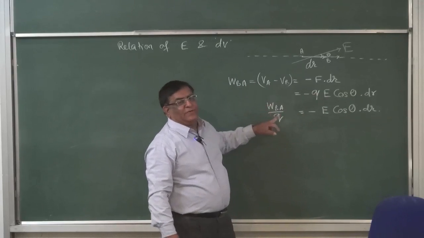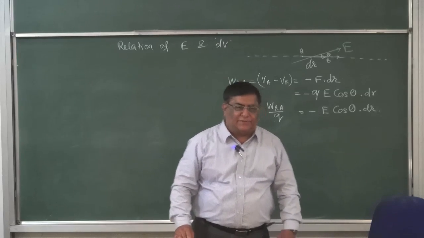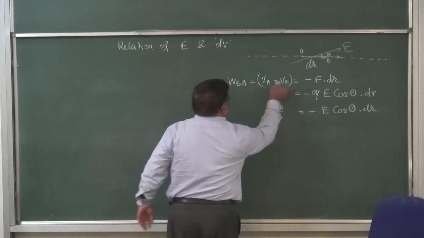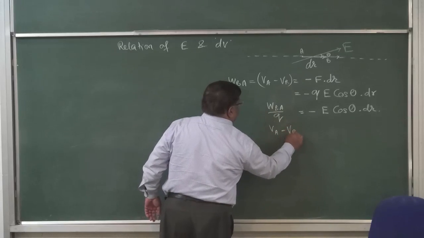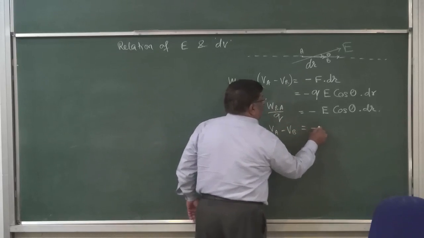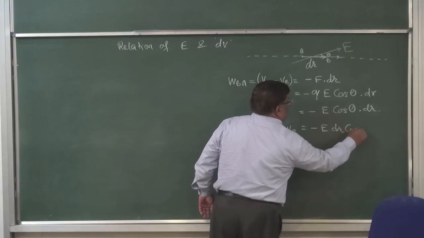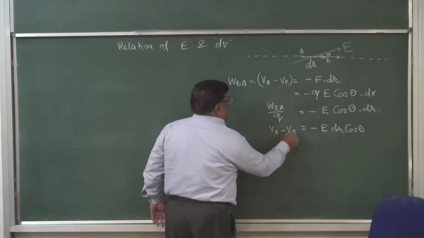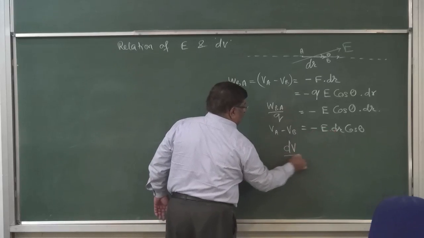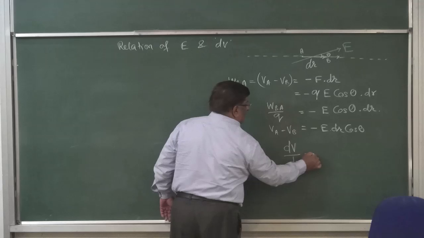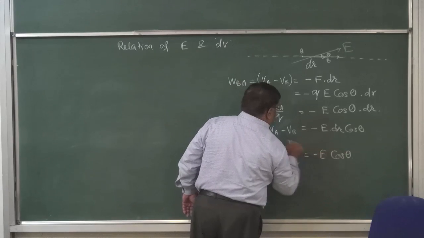Now work done per unit charge from B to A. What do we call it? Potential difference. Potential difference VA minus VB is equal to minus E dr cos theta. Now, if this we call as dV, then this dr you take here, dV upon dr is equal to minus E cos theta.